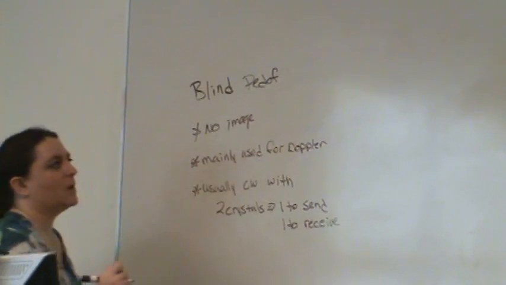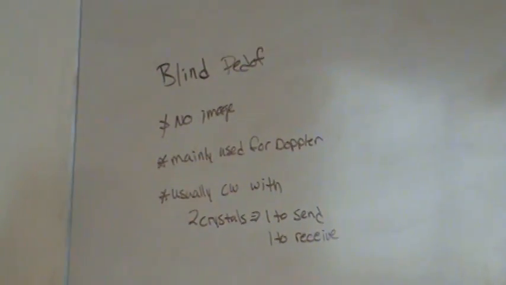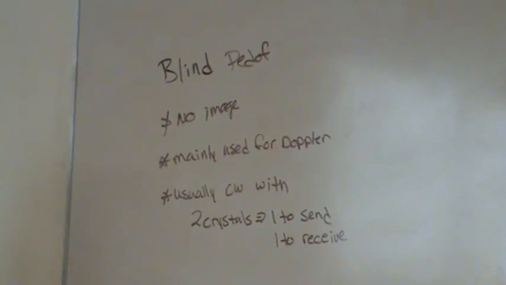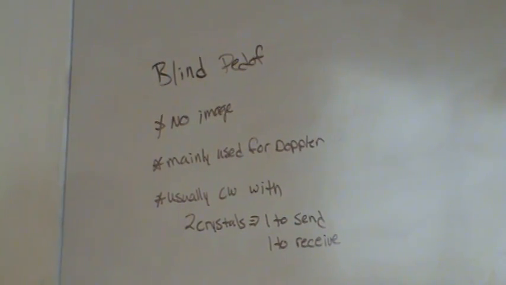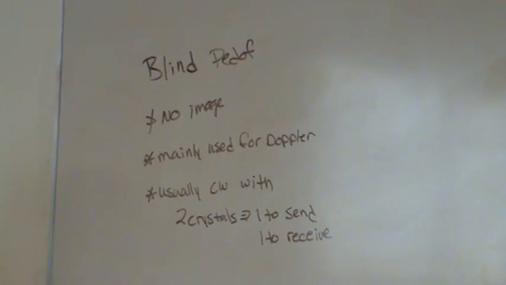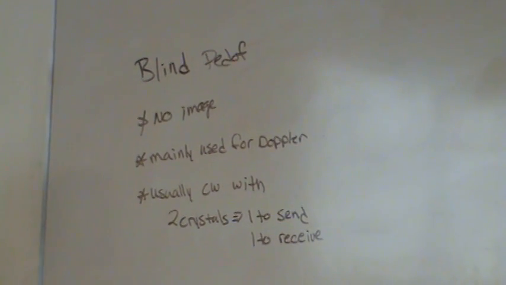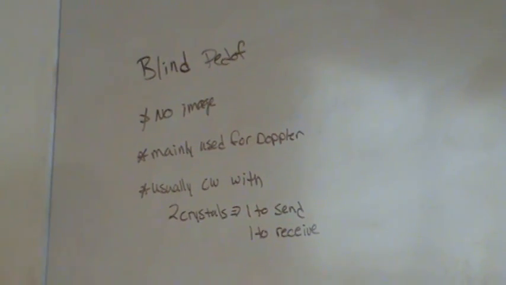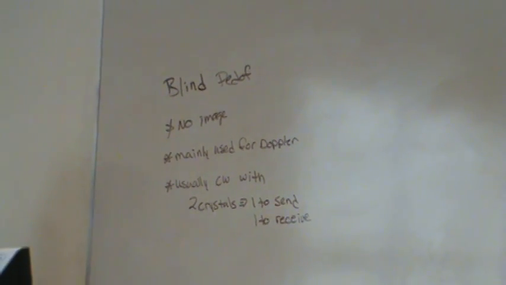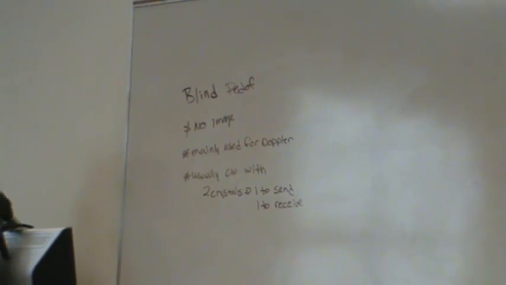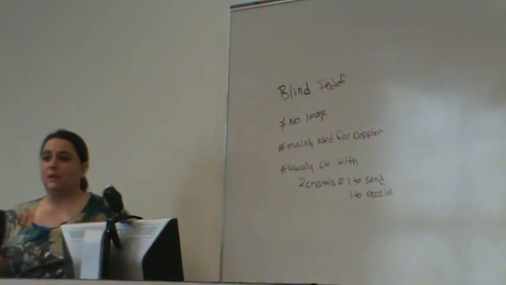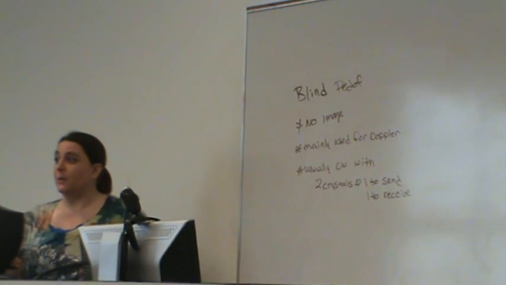So usually when we're talking about a PDOF probe, we're talking about something that we use mainly for Doppler. It's usually CW, it doesn't have to be, but it's usually a continuous wave transducer. And continuous wave transducers always have two crystals. One crystal to send because it's continuous wave. If one crystal is continuously sending, it doesn't have any way to receive because it's always sending.